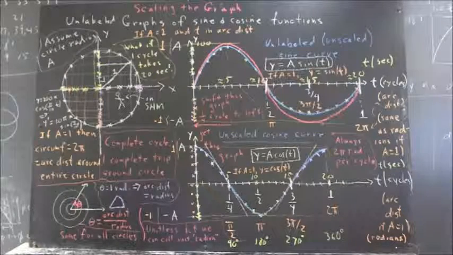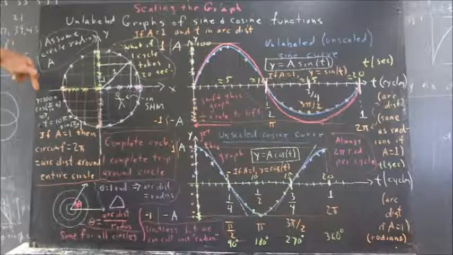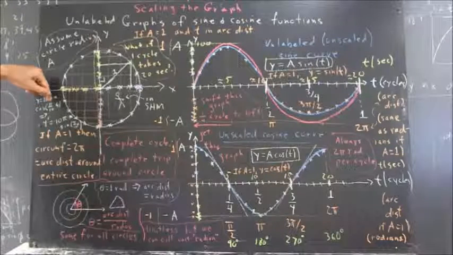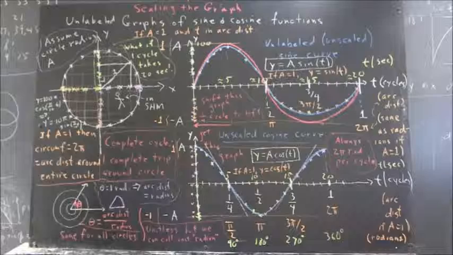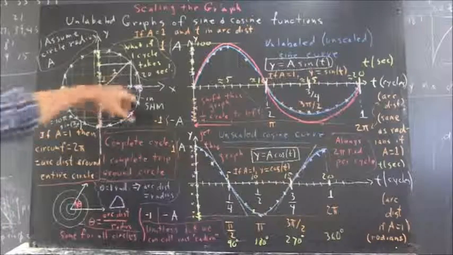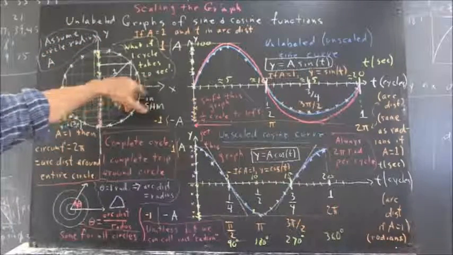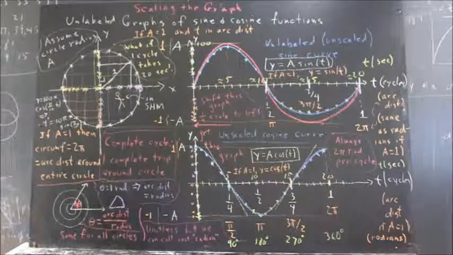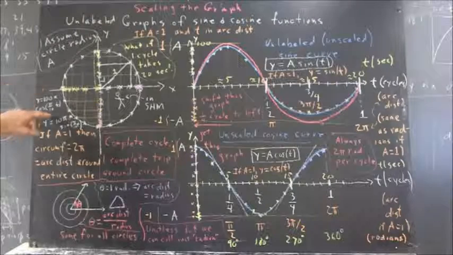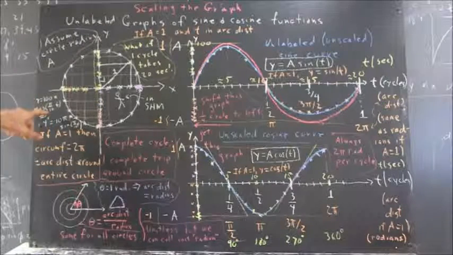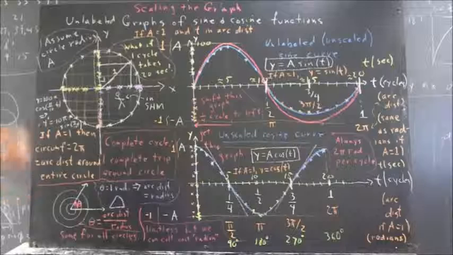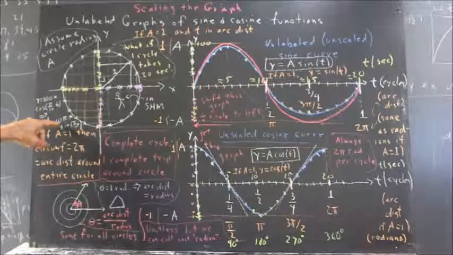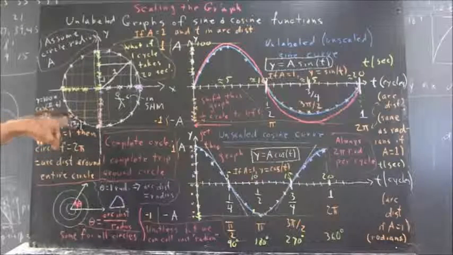Now, just a quick little blurb. I couldn't resist doing the actual analysis. The model here would be 100 times the cosine of pi over 10 t, because pi over 10 is the number of radians you're going through per second if you move around the circle in 20 seconds, as you can easily verify if you think about what I just said. The derivative of this function, and we have to have angles in radians if we're going to do a derivative, is by the chain rule, negative 10 pi times the sine of pi over 10 t.